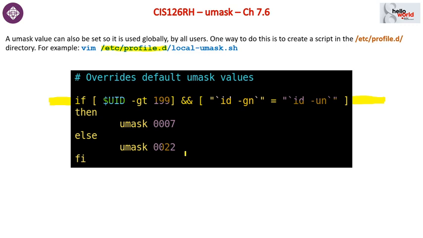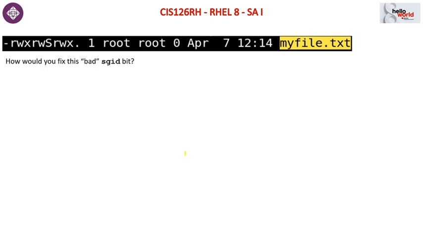So there you go. Little bit of a quiz. How would you fix this bad SGID bit? We know that it's bad because it's capital. How do we fix this? This is a big time mistake.